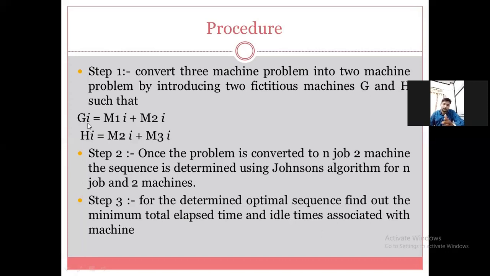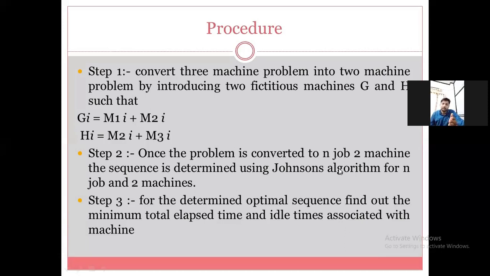By using these two formulas, we convert the three machine problem into a two machine problem, and then we can solve it using our previous methodology for n jobs and two machines.